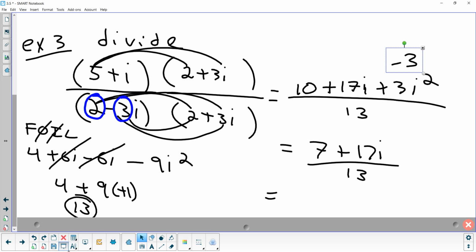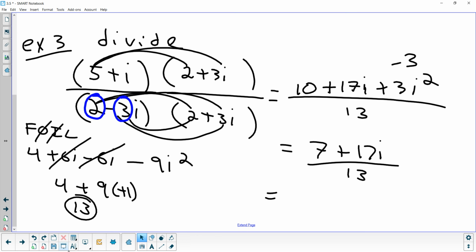Anybody have a guess what the real part is going to be in that problem? As a fraction. Yep, 7/13. And anyone have a guess what the imaginary part is going to be?